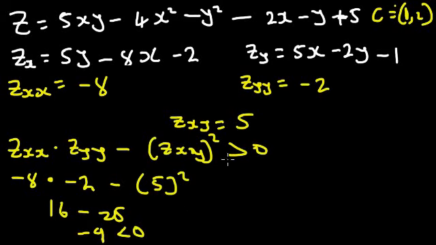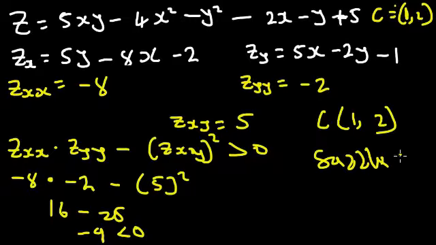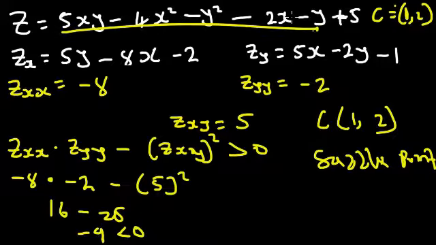Thus, we don't need the second condition. This is enough for us to confirm that the critical point 1, 2 is a saddle point. And to get its value, we need to put it right here.